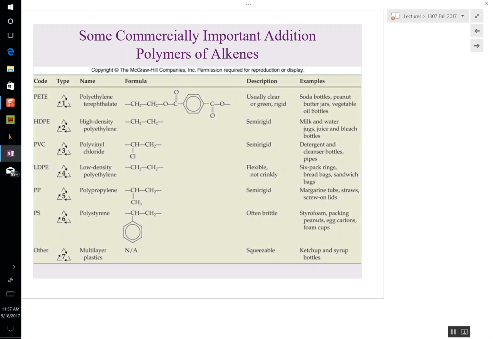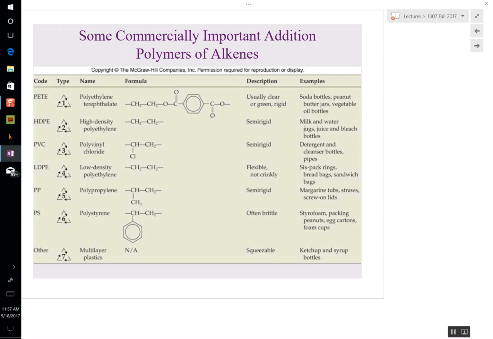Polystyrene, so a number 6, this is your coffee cups, your disposable coffee cups, polystyrene. And then, like I said, that's your water bottles. Number 7, if you see a number 7, if you've got plastics at home, you don't want to put this stuff in the microwave. This can be all kinds of different plastics, some of which might give off bisphenol A, BPA.